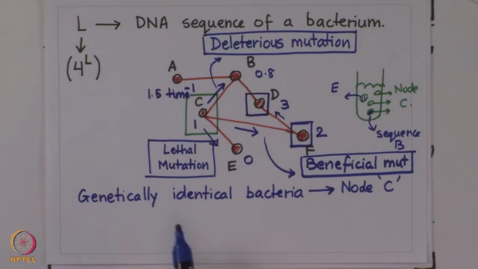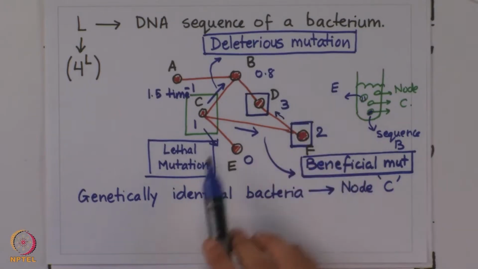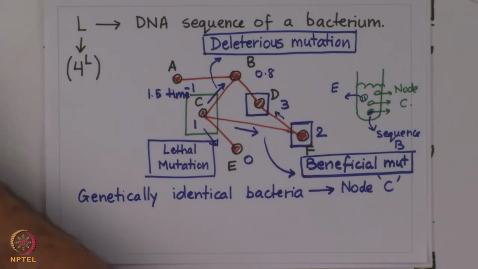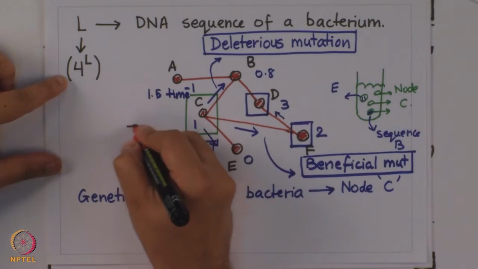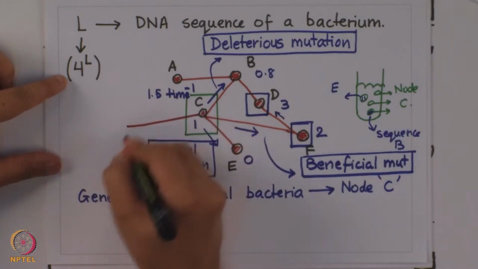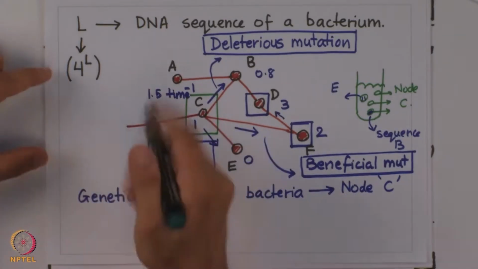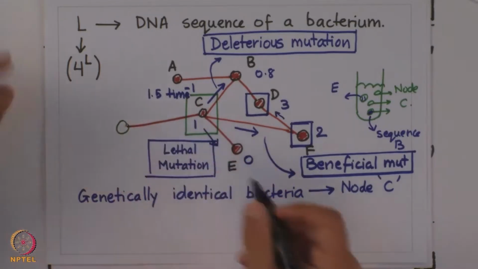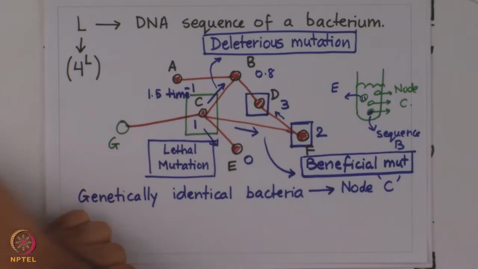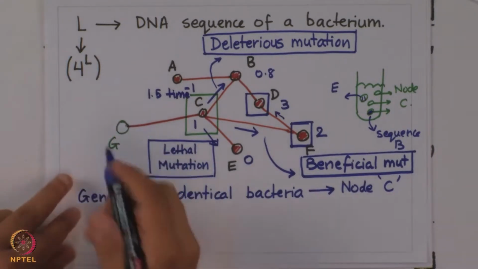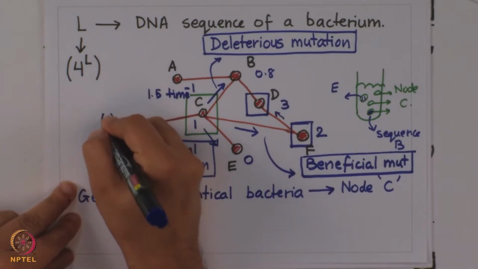So when we are talking of mutations, you could have these three types of mutations. There is another type of mutation that you could have happen in the process. We draw another node here, let us say C going to node G, and the fitness corresponding to node G is just 1.